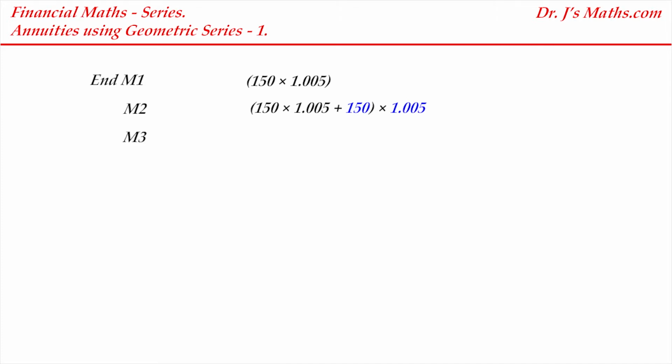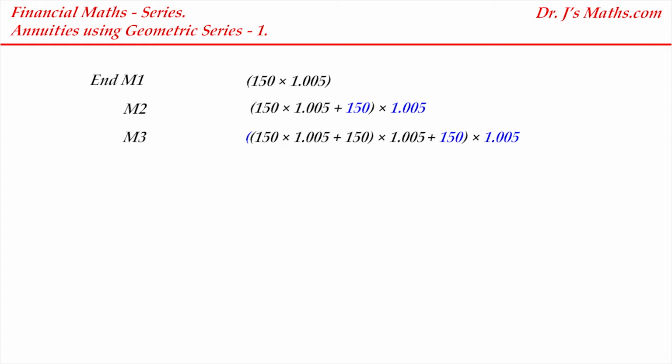Now for month 3 we have everything that we've just calculated for month 2 still there, so we just write that back down. And then we have another $150 at the beginning of month 3, and then all of that is multiplied by 1.005 for the end of month 3.